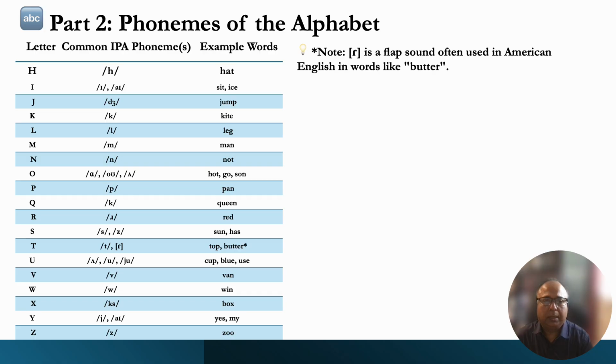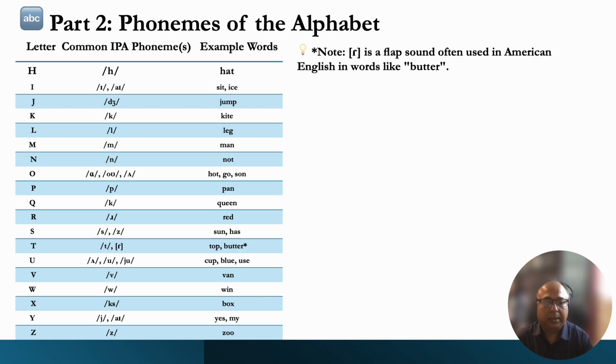Okay? So let's learn the phonemes of the alphabet. H, as in hat. I is it or I, as in sit and ice. J is J, as in jump. K is K, as in kite.